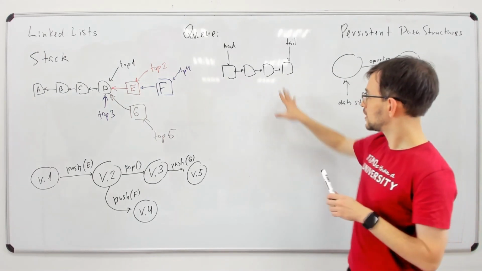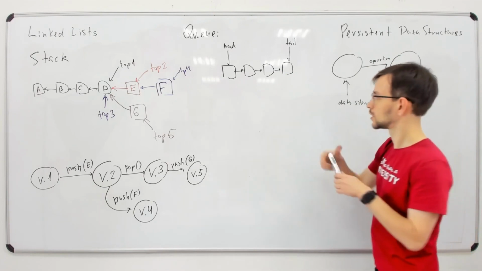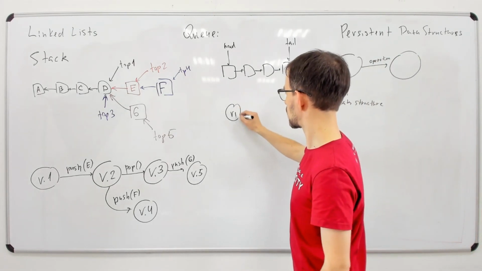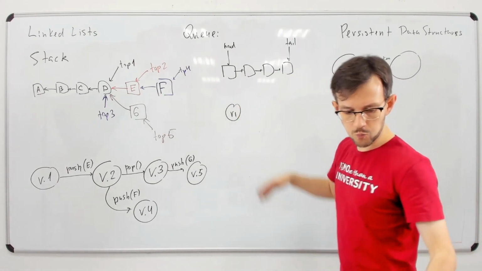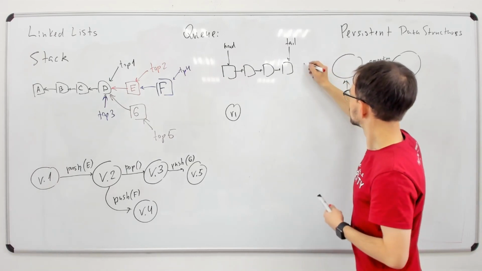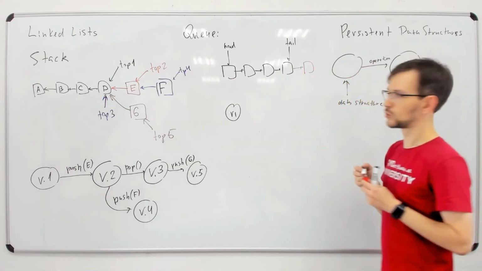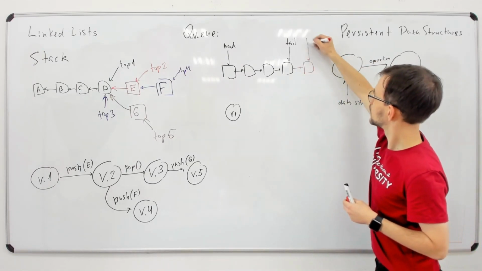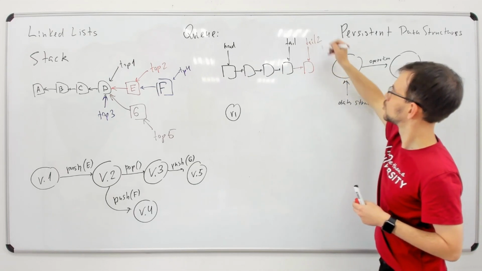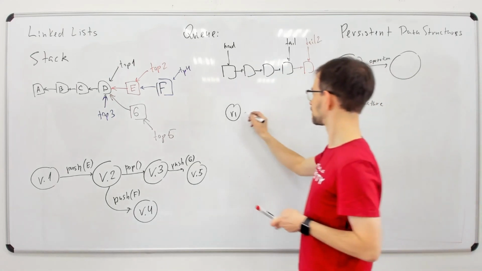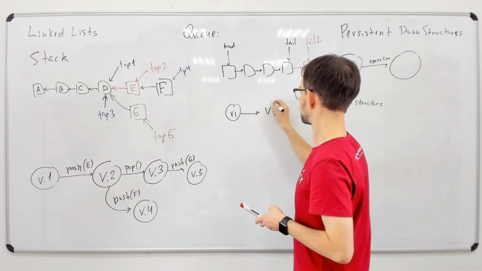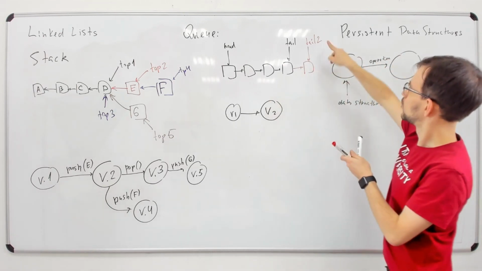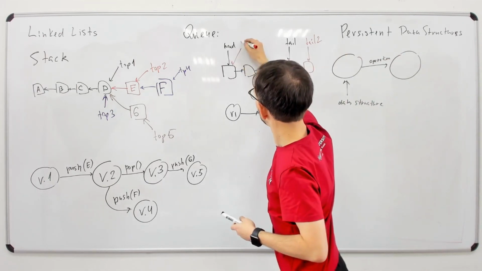So imagine you have this version. Again, this is version 1. And then you add another element to the queue. So you move it here. This will be tail 2. So tail 2 will be here and head 2 will be here.